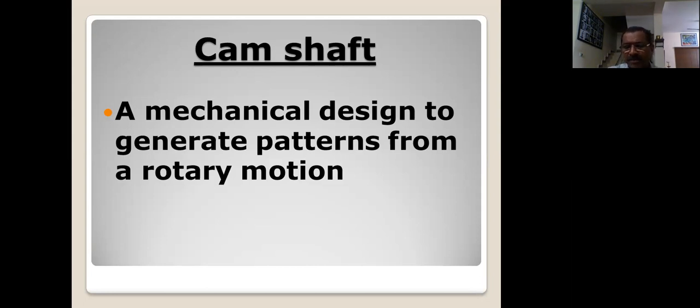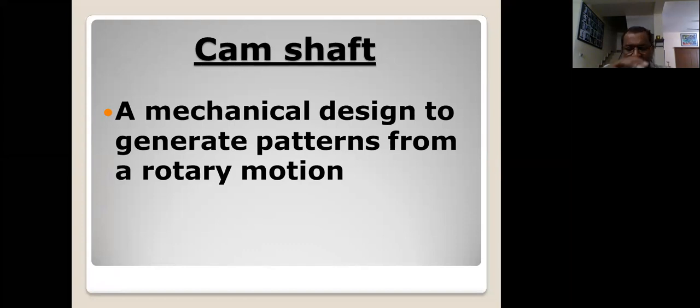There are two types of shafts in a diesel engine. One is the crankshaft, which converts linear motion into rotary motion. Another is the camshaft. What does a camshaft do? It is a mechanical design to generate patterns from a rotary motion.